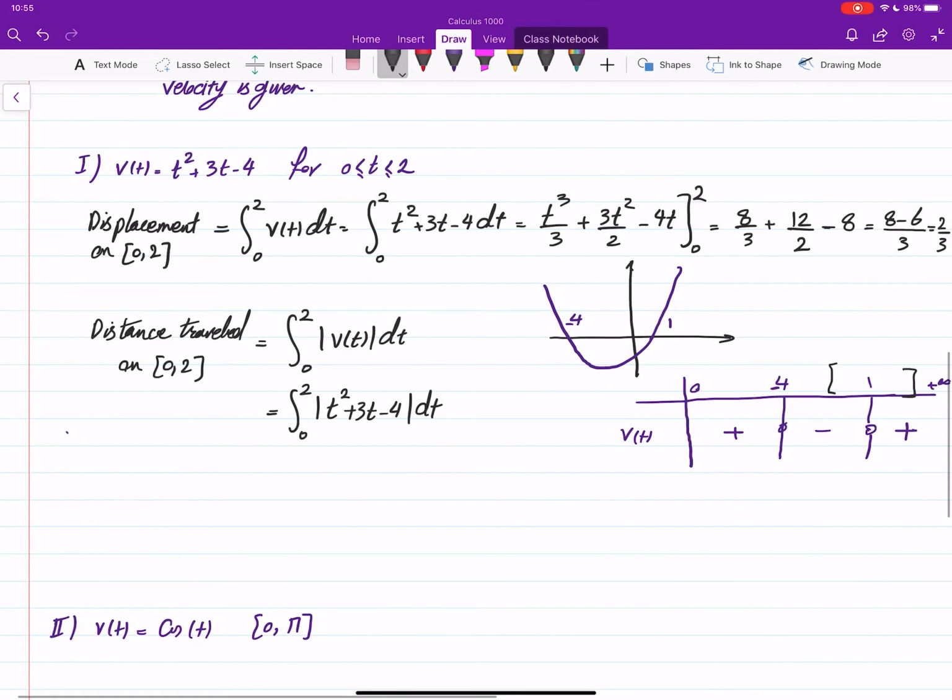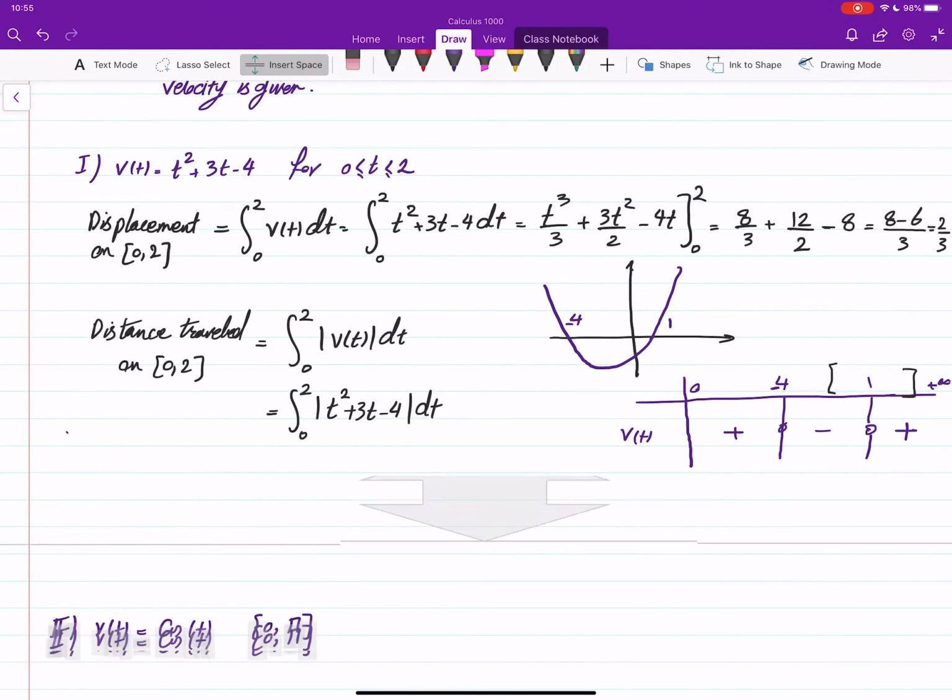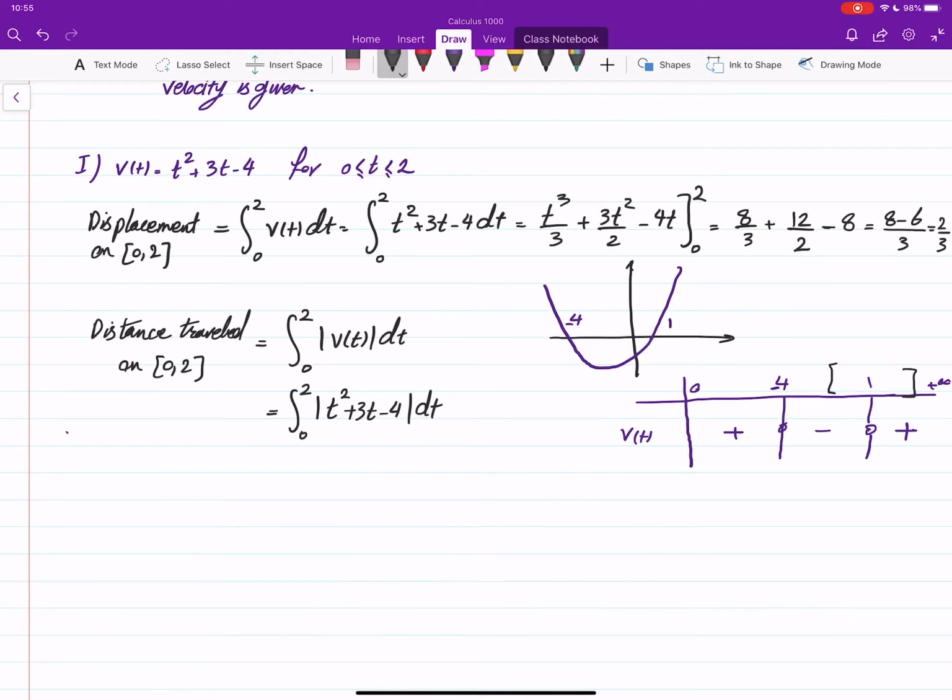So to evaluate such a function, we first have to separate the integral into intervals for which the function is either positive or negative. So here we have t squared plus 3t minus 4 dt.